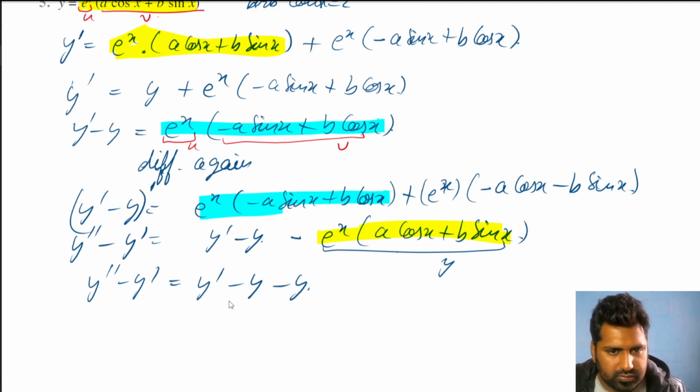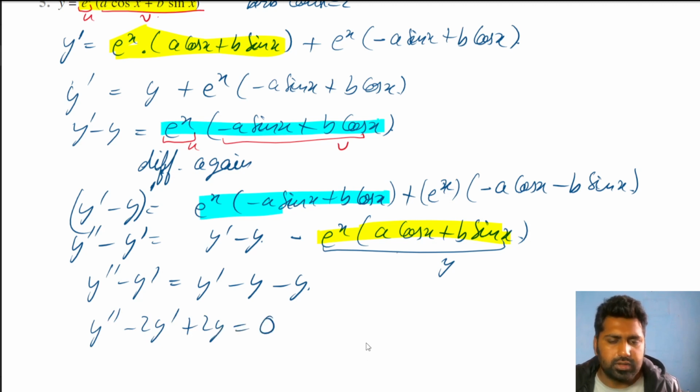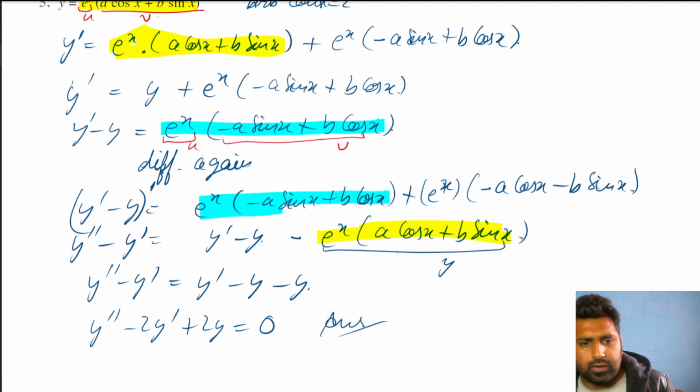So get everything on the left side. I think that will be simple way. Y double dash minus 2y dash plus 2y equal to 0. That's your differential equation. All right, we got the equation.